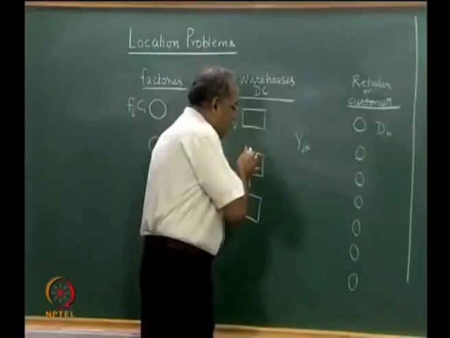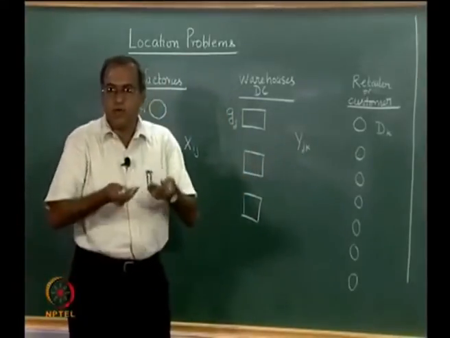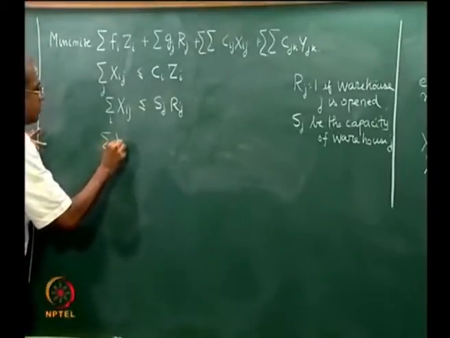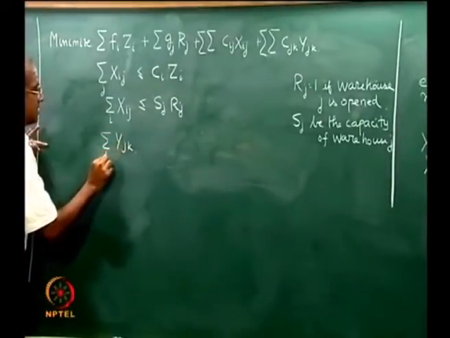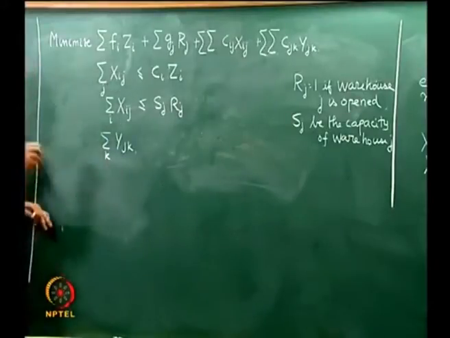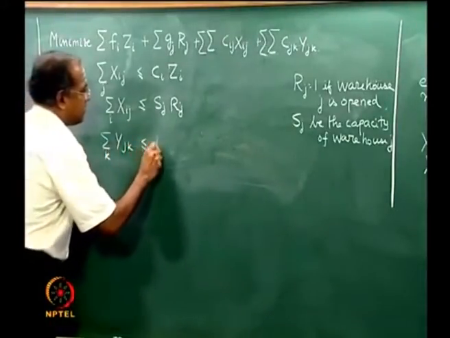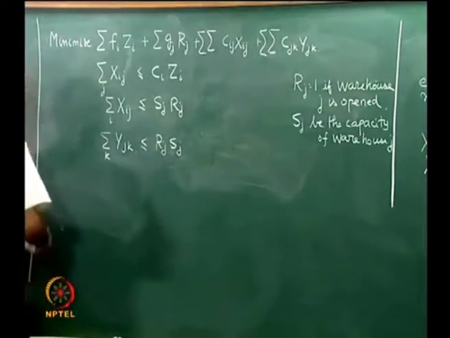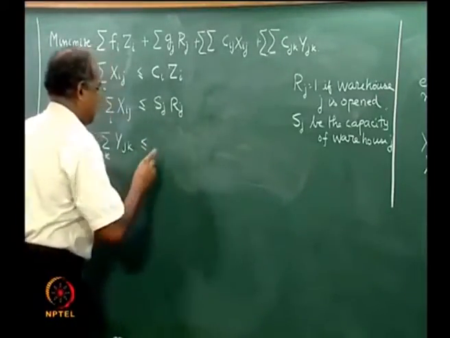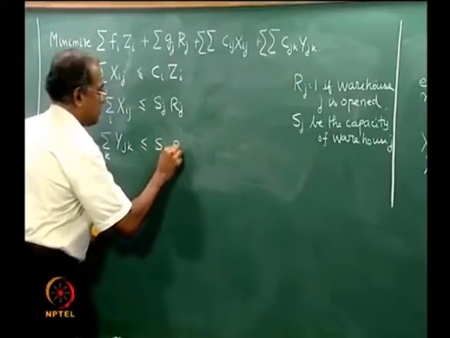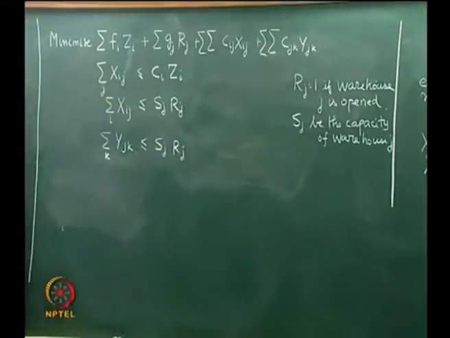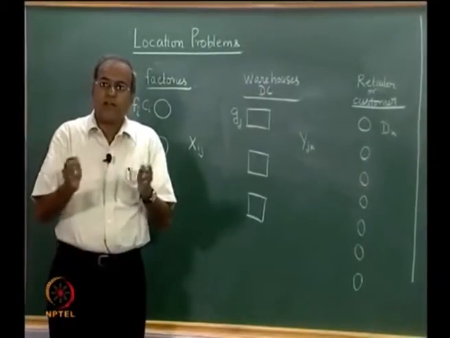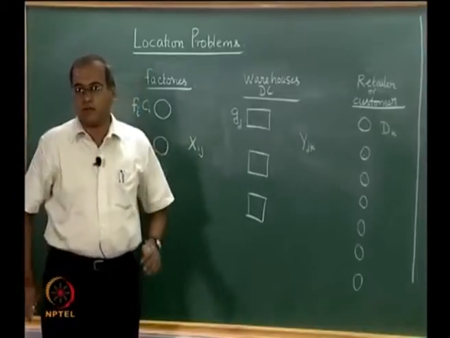Now, similarly, whatever leaves this warehouse can leave only from a warehouse that is opened. So, sigma Yjk summed over k should also be less than or equal to Sj into Rj. Now, whatever leaves, it can leave only from an opened warehouse, and whatever leaves should be within the capacity of the warehouse.